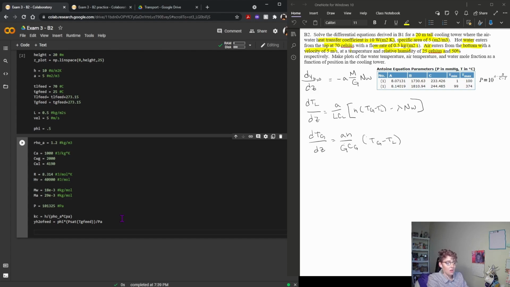So using the ideal gas law, we can go ahead and define the air flow rate, we'll just call this G air, as the total pressure times the molecular weight of the air, divided by the product of the gas constant times the temperature of the gas in the feed. And then all of that needs to be multiplied by the velocity of the air.